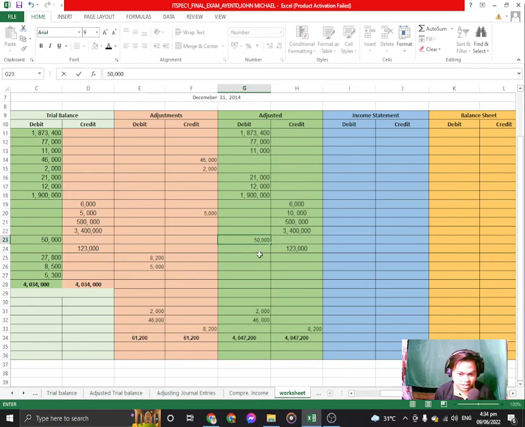Okay. 50,000 tapos dari ang 36 plus maning minus din maning 27,800 minus 8,200 nakakuha siya og 36,000 pesos. Okay, nakuha na, nakasabta na siya.